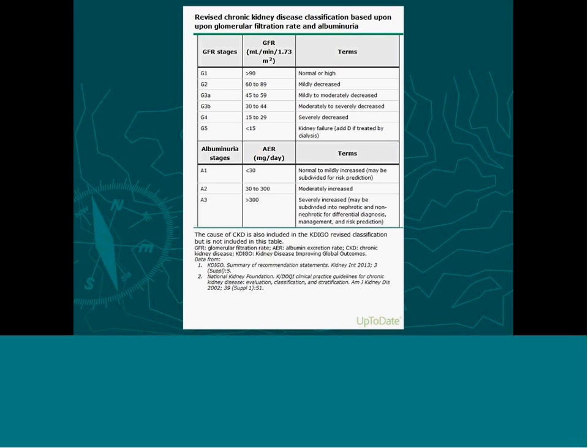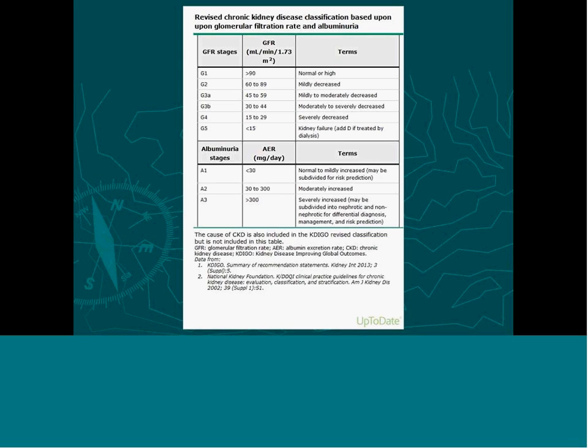You have stage 4, below 30 cc's per minute, and you have stage 5 called G5. And if we call them G5D, D means for dialysis. They have also come up with albuminuria stages called A1, A2, A3.